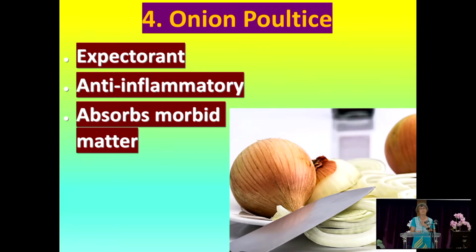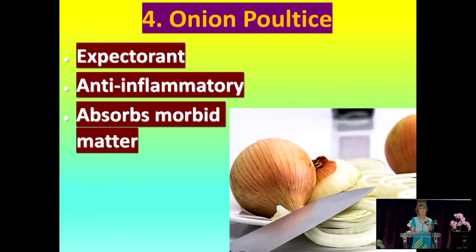So usually it's very good for lung congestion, whether it's bronchitis and other kind of lung diseases where there's a lot of build-up of mucus or phlegm, and you want to break up the phlegm and then let them be got rid of. So the onion is very good to use. Actually, you can use it also as broth and drink it internally. You can even do an onion enema if you want.